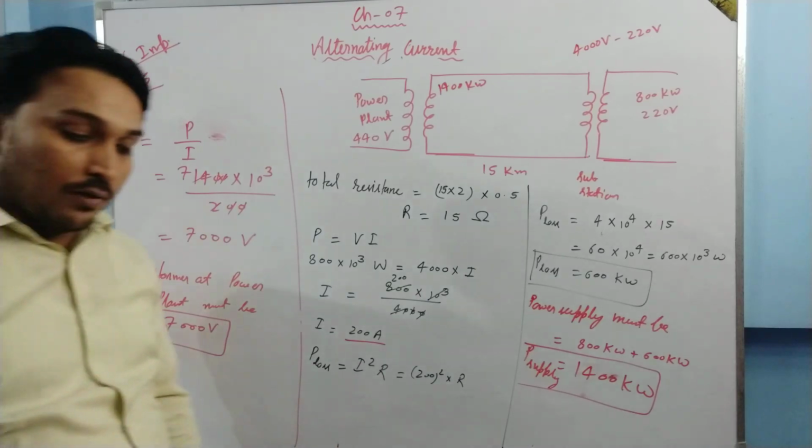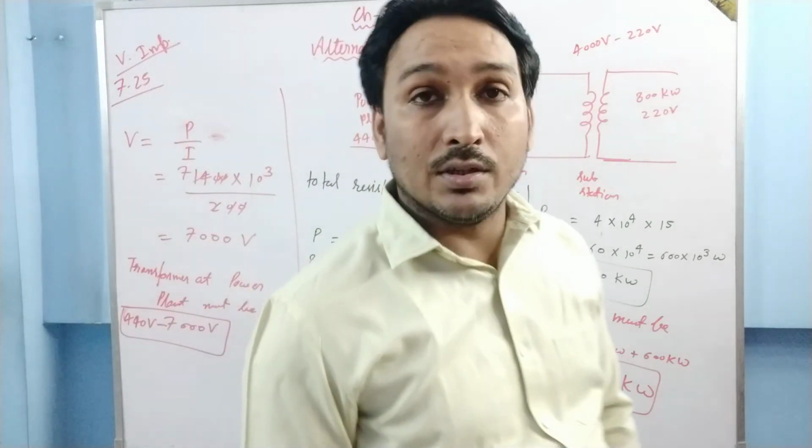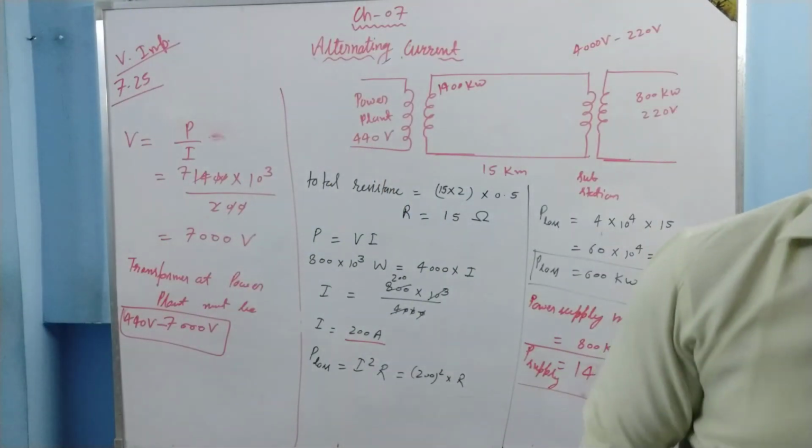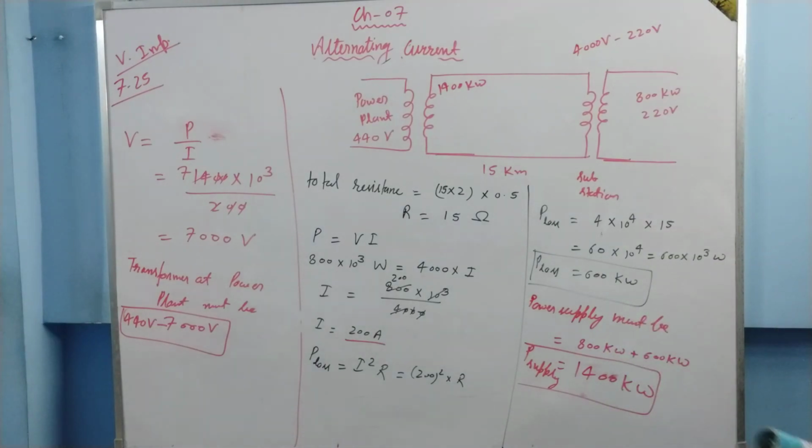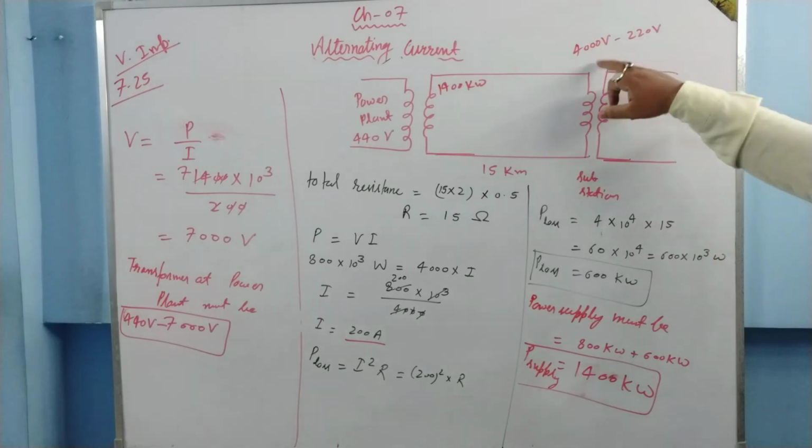Now the next part of the question is very interesting. I mean to say 7.26, which tells us how the power is being supplied. The question is, do the same exercise as above with the replacement of the earlier transformer by 40,000 volt, 220 volt. Earlier it was 4,000 volt, 220 volt.